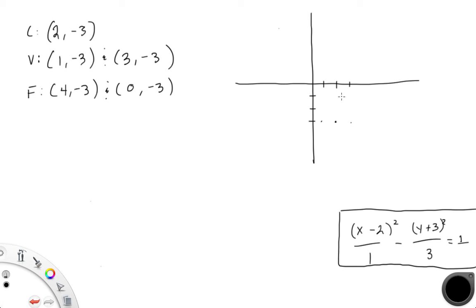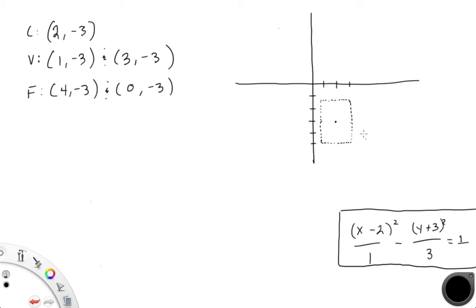Square root of 3 is around 1.73, so that might put us about right here, and right here. Okay, so now we have our box.